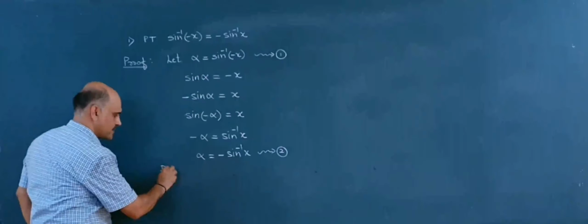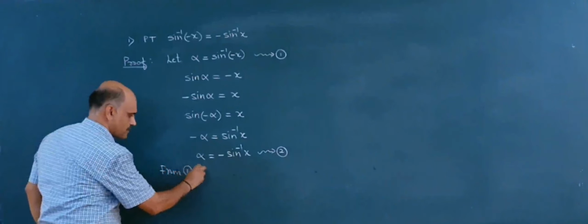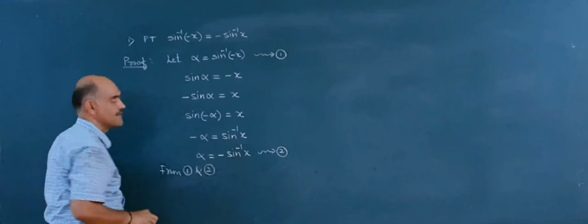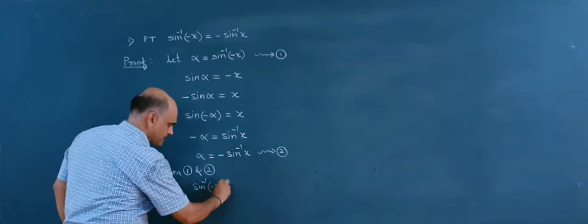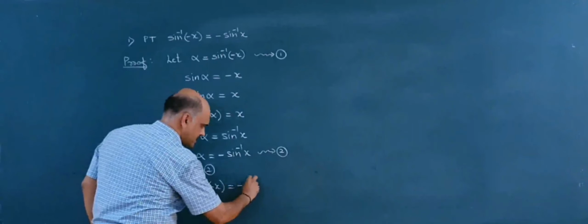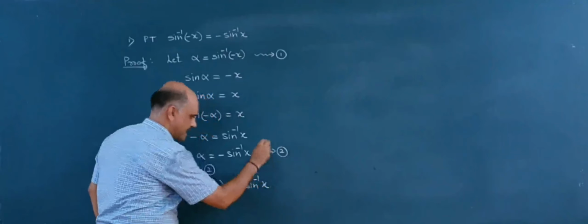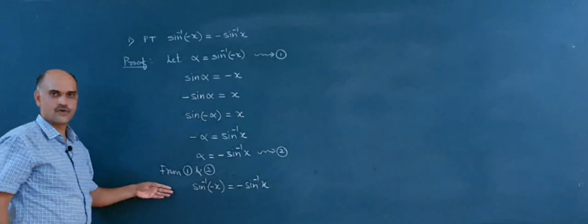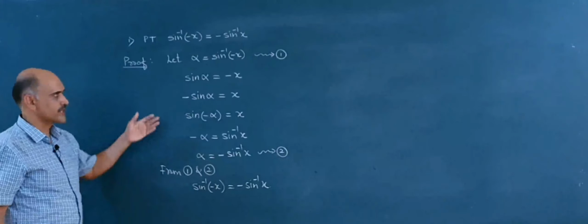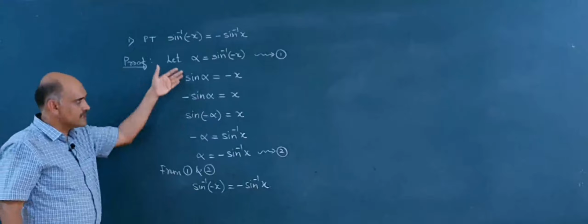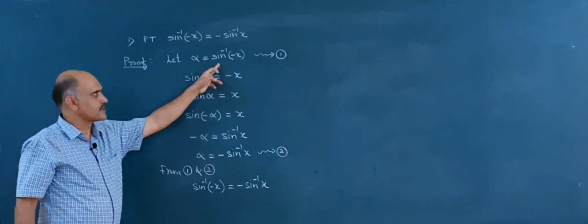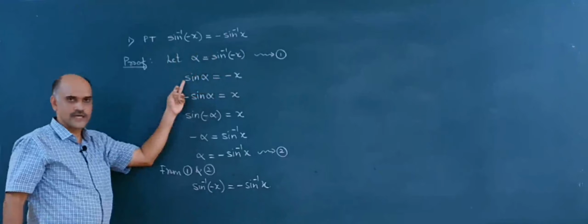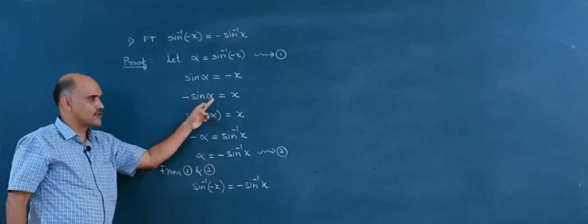So from 1 and 2, I will have sine inverse of minus x is equal to minus sine inverse x. This is our answer, or the first formula. You can again pause and note down these steps. First alpha is equal to, then sine I have taken to LHS, then change the sign on both sides.